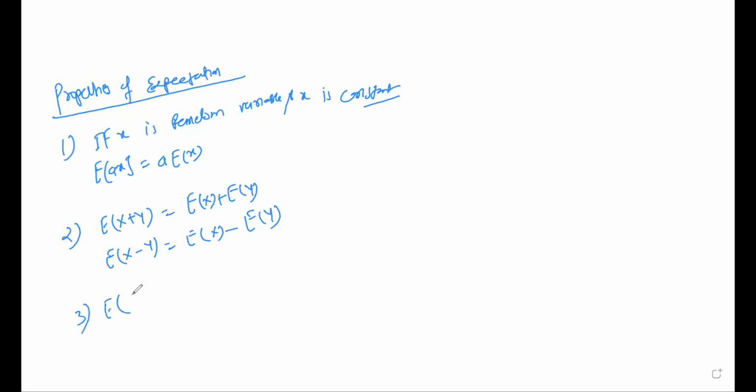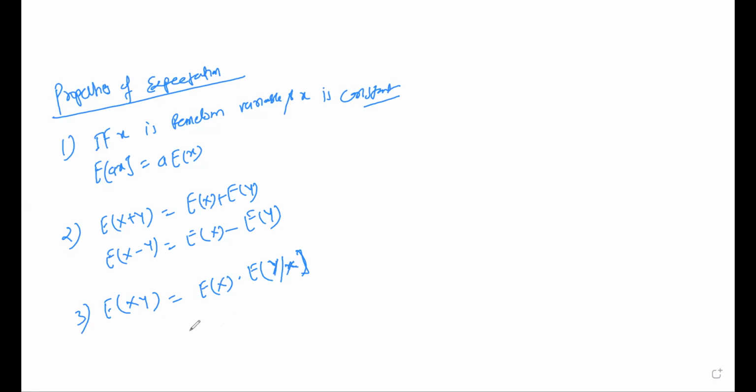We have to write it in some other way. Like two variables in multiplication, we can split them according to the conditional theorem: expectation of x into expectation of y given x, and expectation of y given x is the probability of y when x has already occurred.